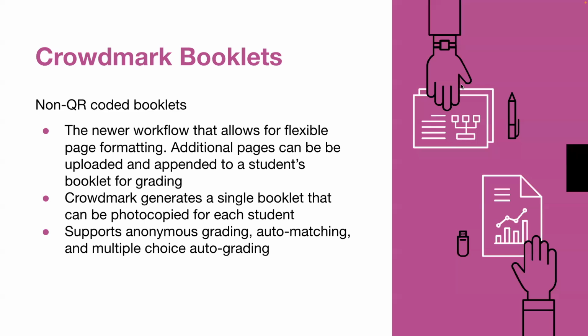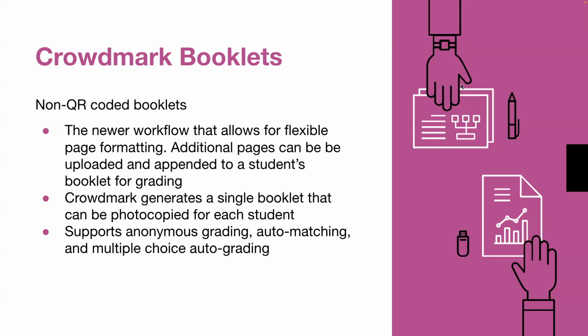In Crowdmark booklets, we of course have the QR coded and non-QR coded workflow, and these require setup in Crowdmark before they're written. So the differences allow for more flexible page formatting. As opposed to having a QR code on each page, we just have the simple page information, and that allows for more content on the page than might be traditionally allowed in the QR coded booklets.